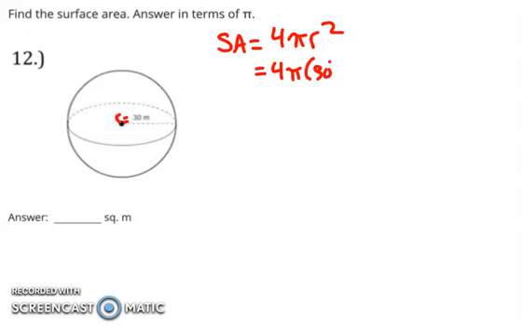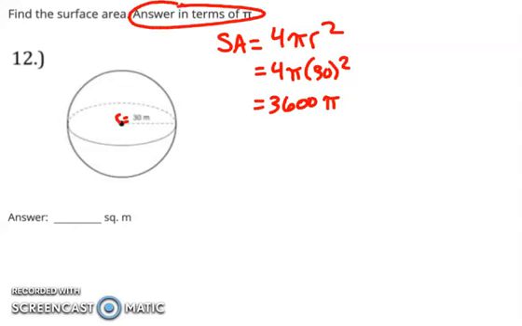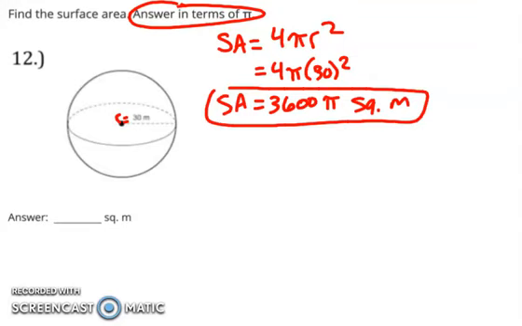So do your 30 squared times 4, and that's 3,600 pi, and that's how they want you to answer. Answer in terms of pi, squared meters. There should be an option for that on your assignment.